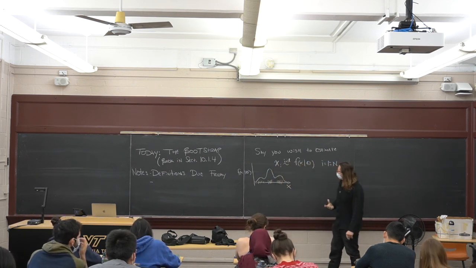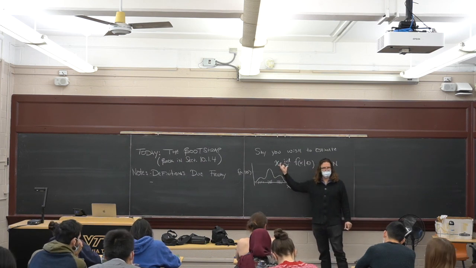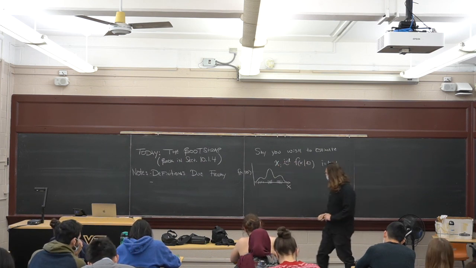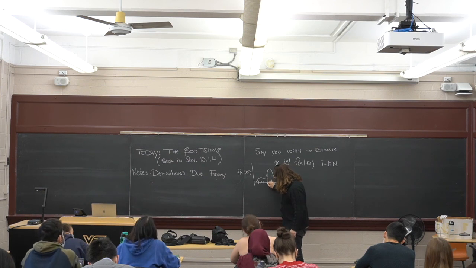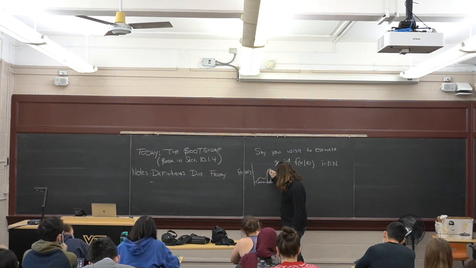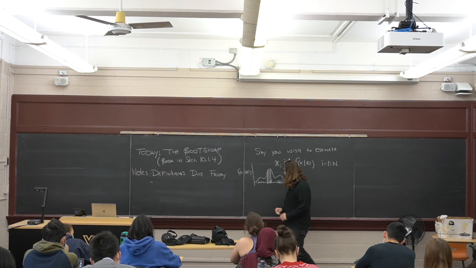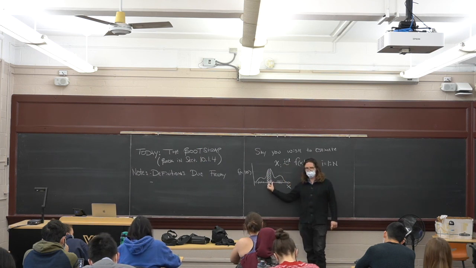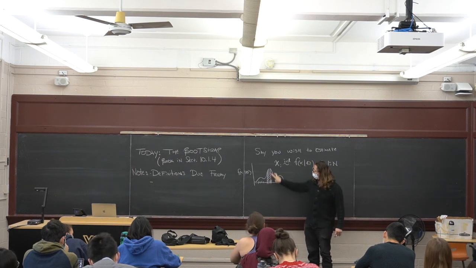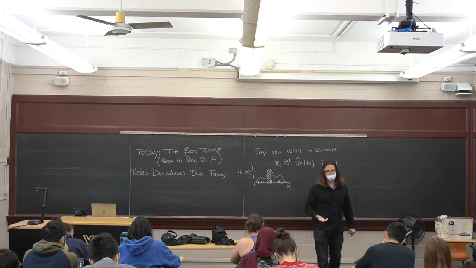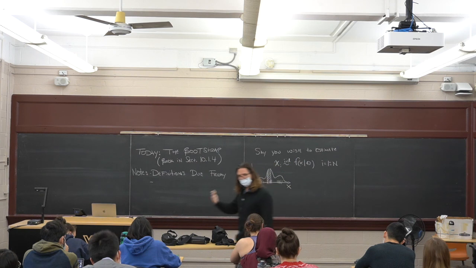And so what it means to sample from a distribution is that in some interval, let's just say my interval is this interval, the density of points, the relative frequency of the number of points in that interval, is proportional to the area under that curve. That's what it means to sample.